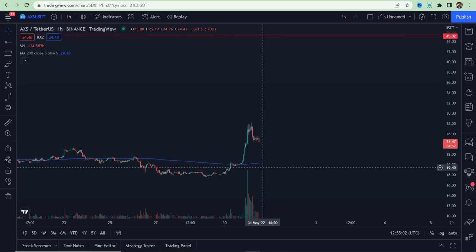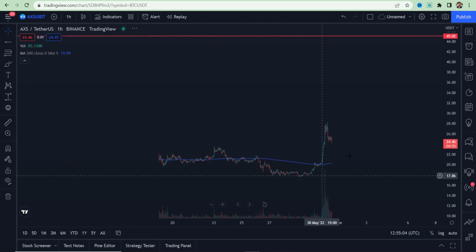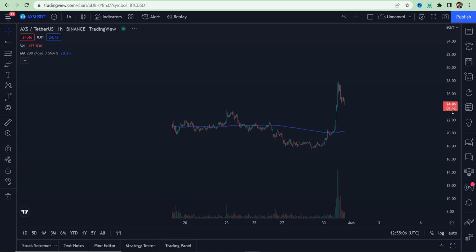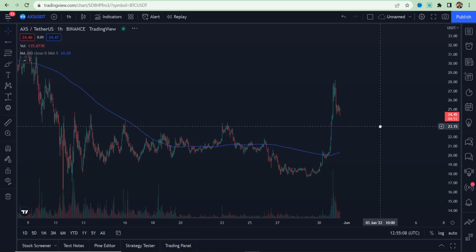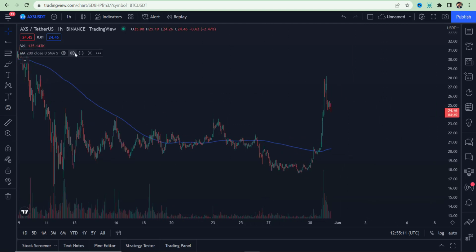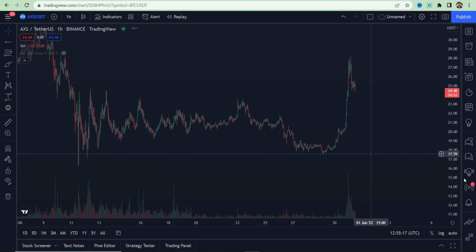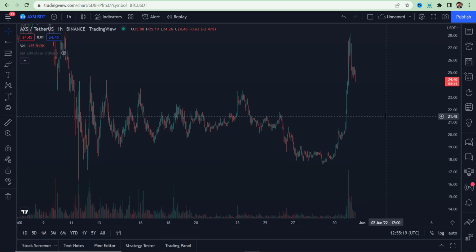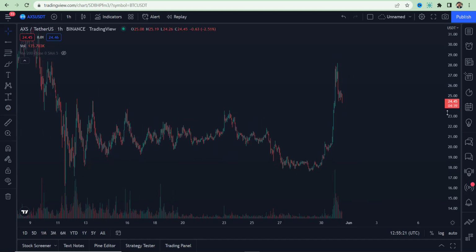Okay, so here we are back on the 1 hour time frame, and let's try to find out something on it. On the hourly time frame, we see huge volume in Axie. What could have caused that pump is the recovery of Bitcoin.